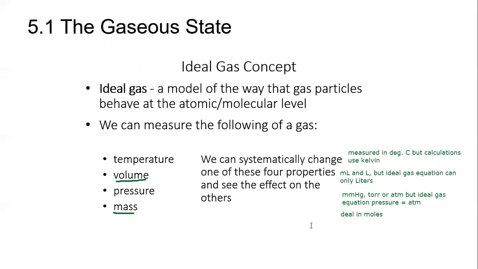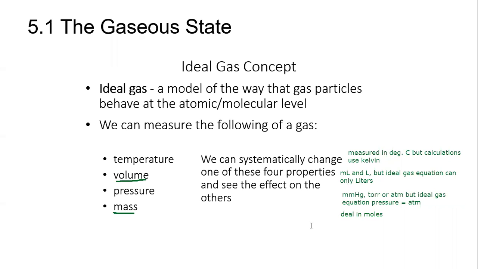Now what we're going to see here in a little while is how each one of these properties of a gas are interdependent on one another. So for example, at a constant pressure, how do volume and temperature relate to one another? At constant temperature, how does pressure and volume relate to one another?